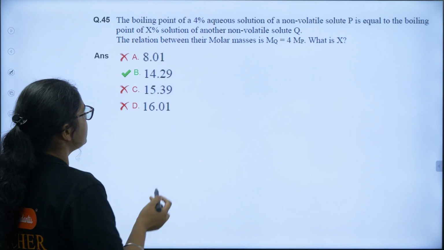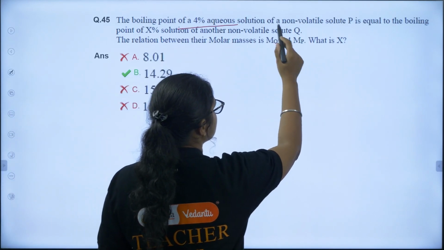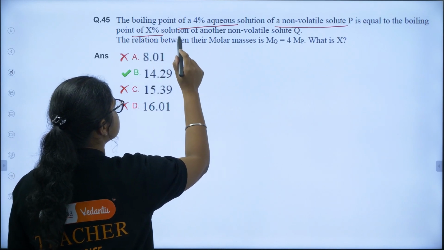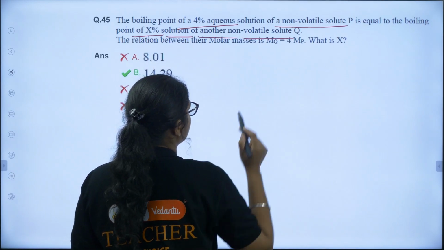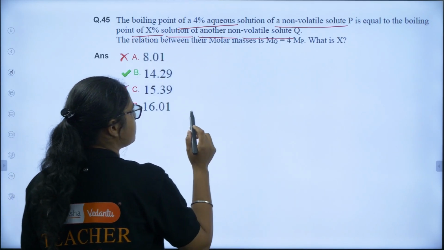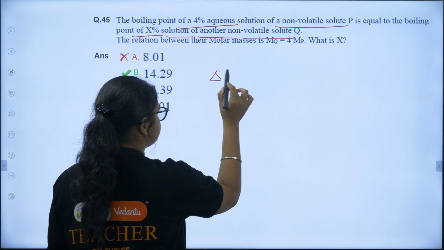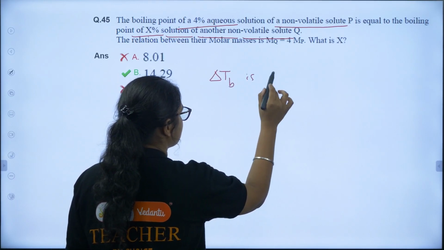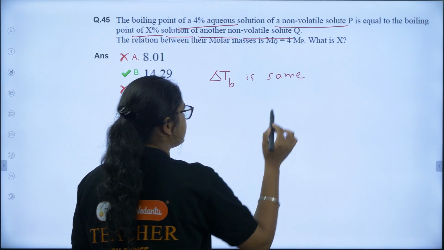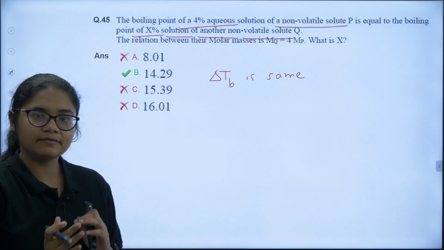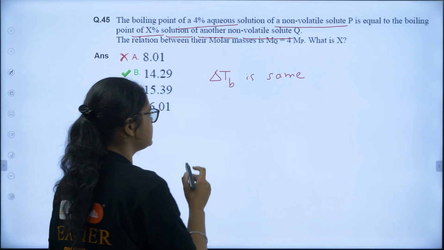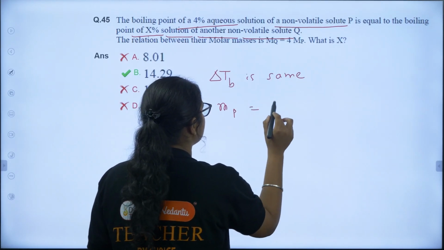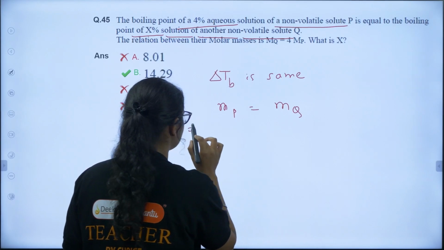Now next question, the boiling point of a 4% aqueous solution of non-volatile solute P is equal to the boiling point of X% solution of another non-volatile solute Q. Okay, so boiling point is the same, means I can write delta TB is the same. That means this molality will be the same for both, right? So we can say that the molality of P will be equal to the molality of Q. Now what is the molality formula?